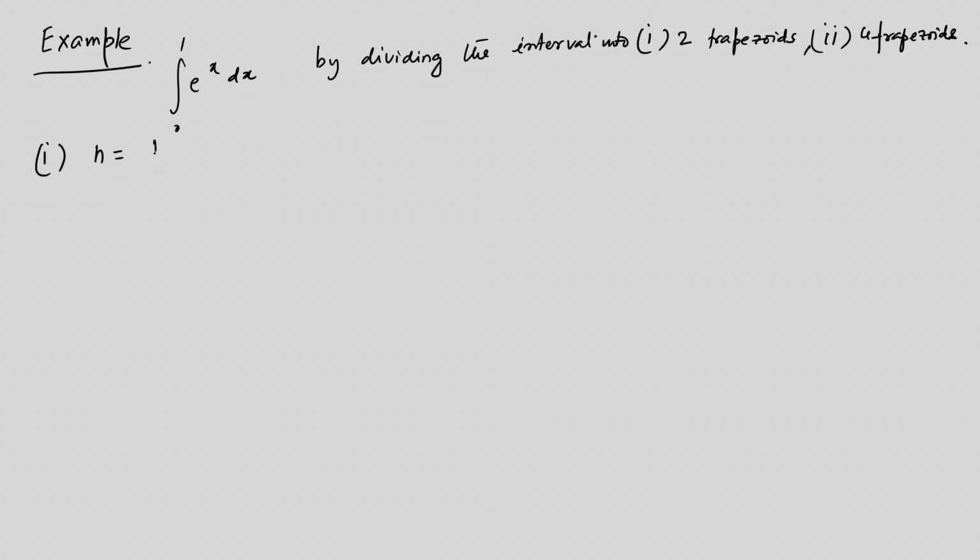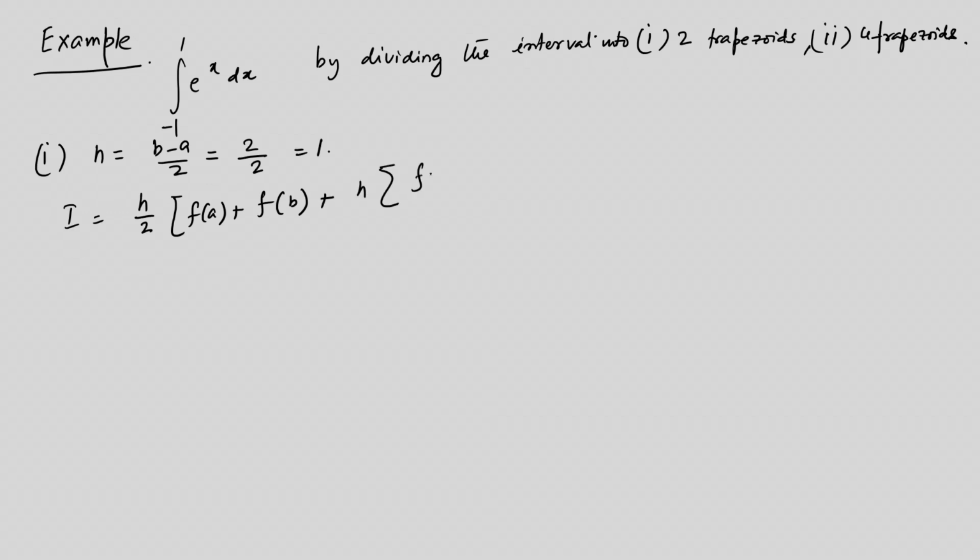So, h is equal to b minus a by 2, which is 2 minus... So, this is not from 0 to 1, say from minus 1 to plus 1. So, it is 2 divided by 2, it is equal to 1. So, I is equal to h over 2 f a plus f b plus h times the sum of f a plus i h, i equal to 1 to n minus 1, and of course, here n equal to 2.